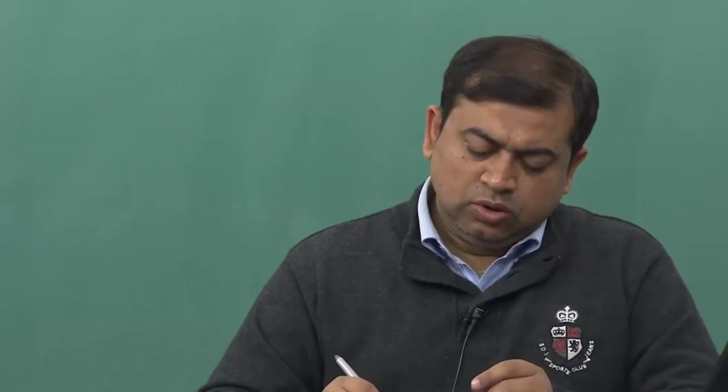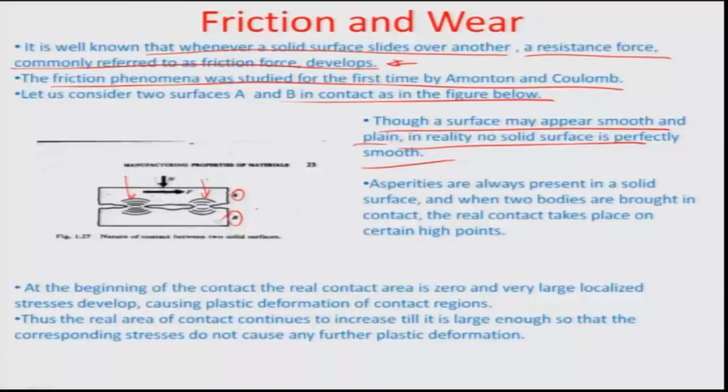These cold welds build up, and when you want to move one material over the other, they have to be broken down in order for the materials to have relative movement at that interface, and that is what really is friction.